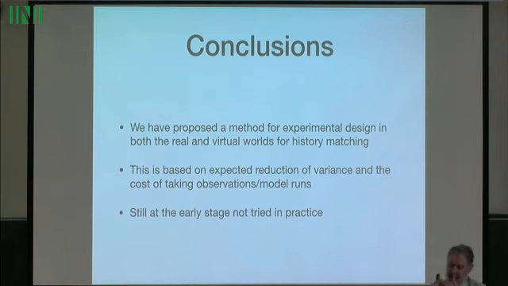We know the cost of a new observation or a new set of model runs, and we can calculate this benefit, the variance reduction: the average variance reduction for the computer experiment and the real variance reduction on the observation. That gives us a measure of how much NROI might be reduced.